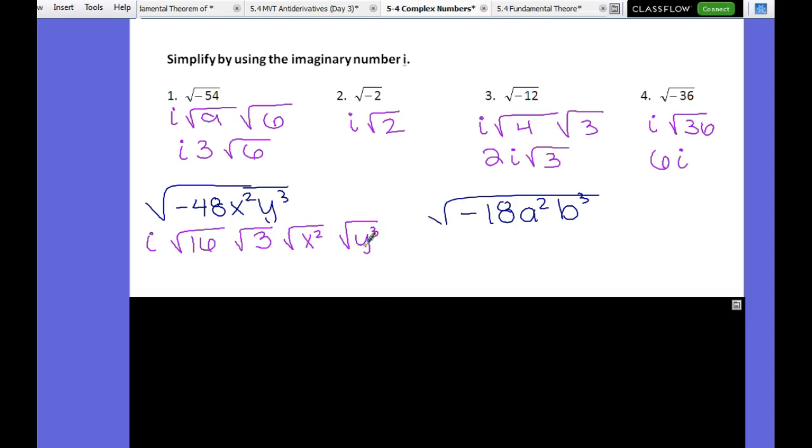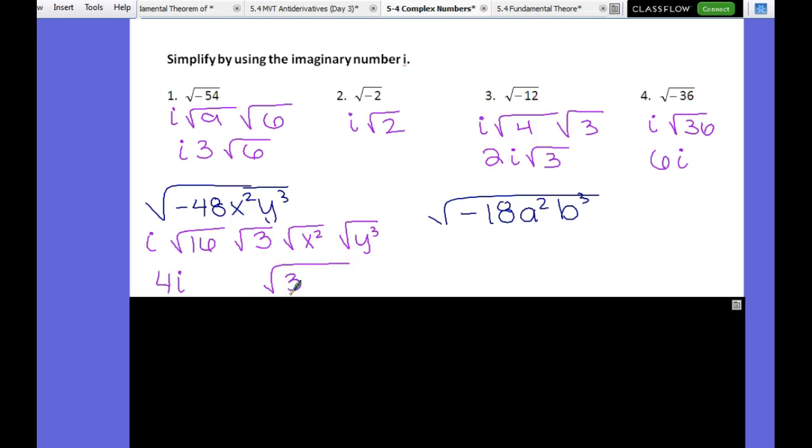So again, we can think of that as many, many, many square roots all multiplied together. So it's almost like some of the problems we did last night in reverse. Square root of 16 becomes 4. Can't simplify the square root of 3, so that's going to be over here.